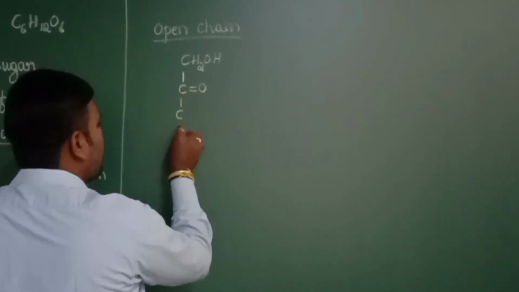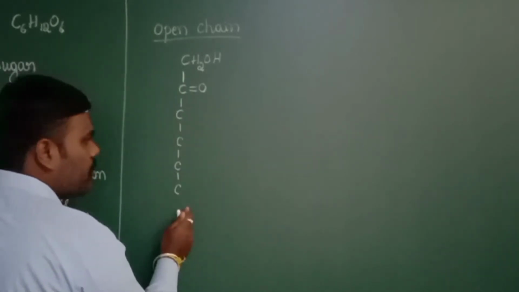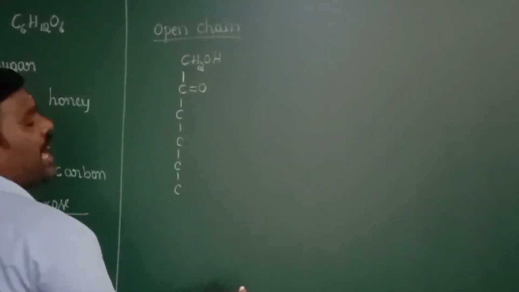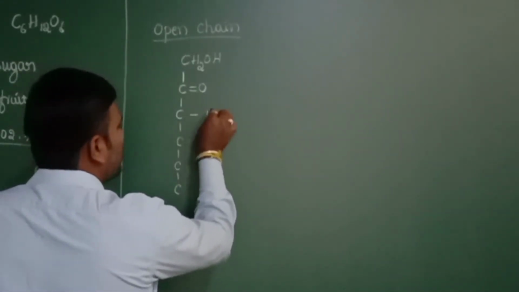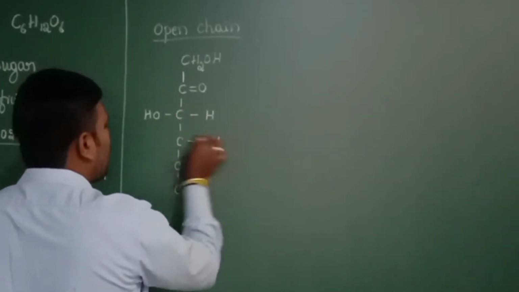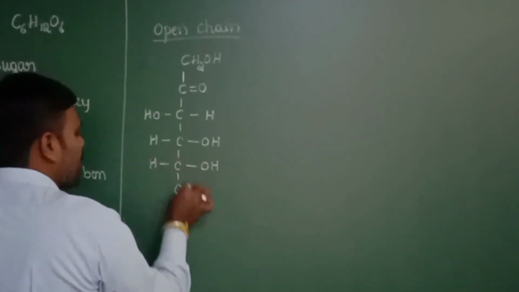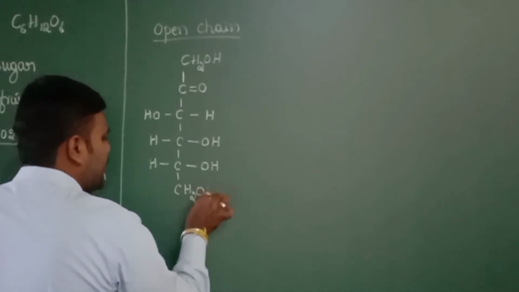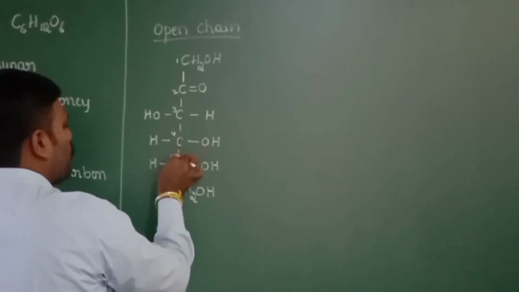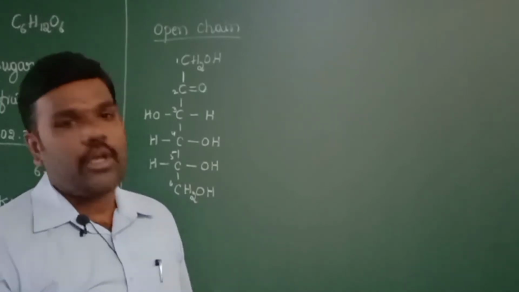All the remaining positions 3, 4 and 5, the arrangement of H and OH in fructose remains the same as that of glucose. That is, at the third position we have H and OH, at the fourth position also we have OH and H, at the fifth position we have OH and H, and at the sixth position it is CH2OH. 1, 2, 3, 4, 5, 6. This is the complete open chain structure of fructose molecule.